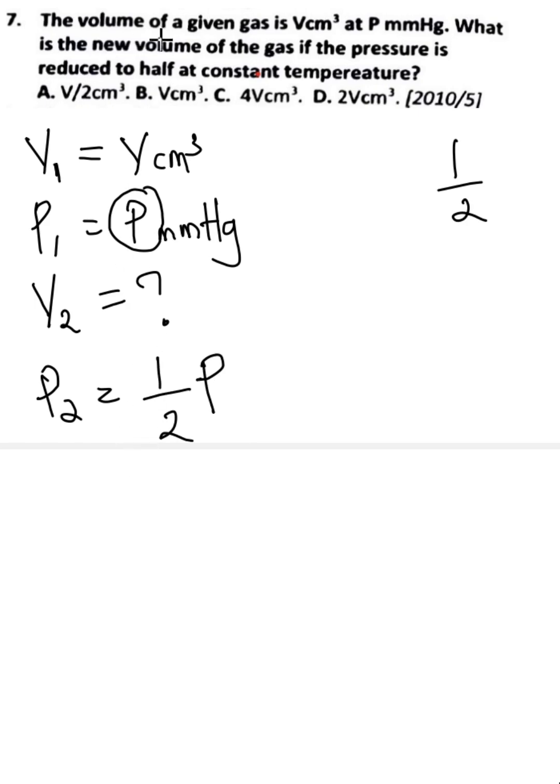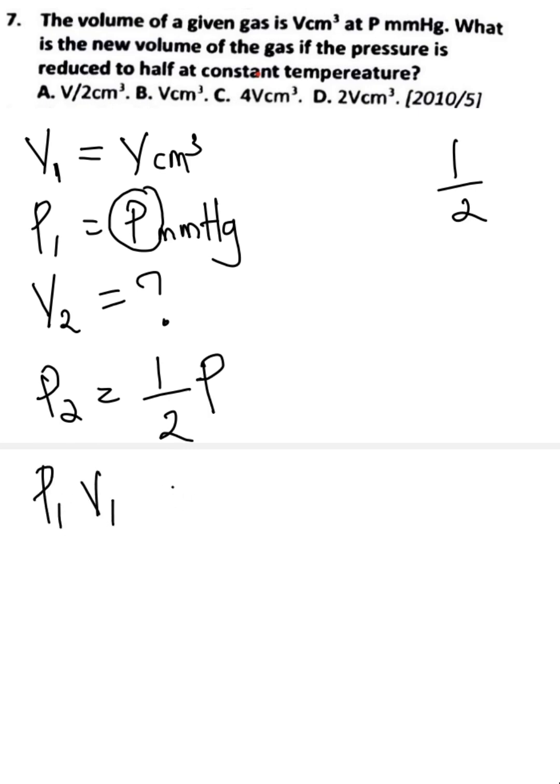Again, the volume of a given mass of gas is V, at P, which is P1. What is the new volume? We don't know it. If the original pressure is reduced to half, that is why they write 1 over 2 P. Okay, so now let's write our formula.